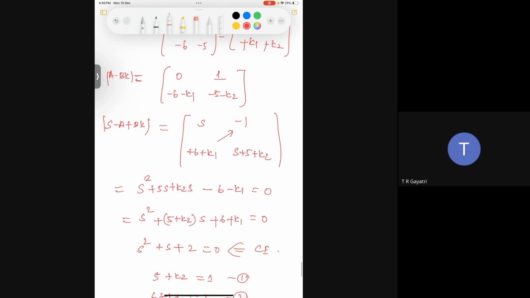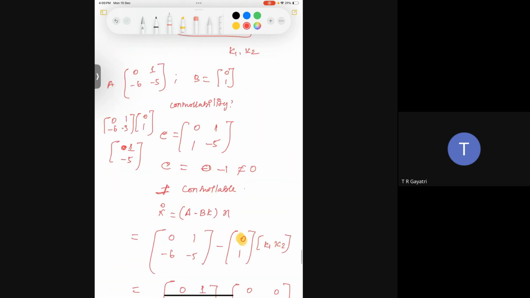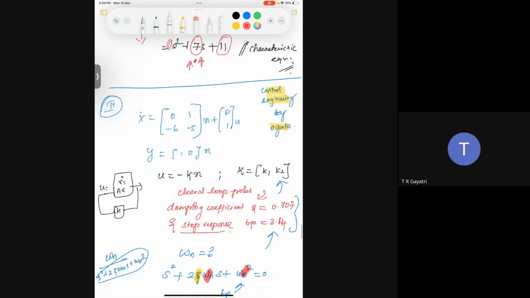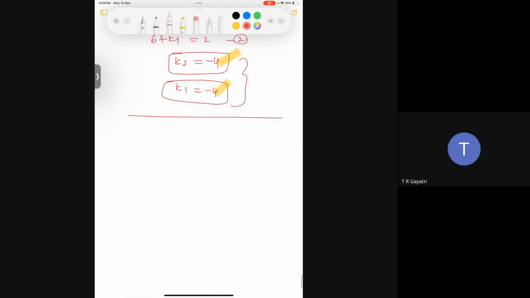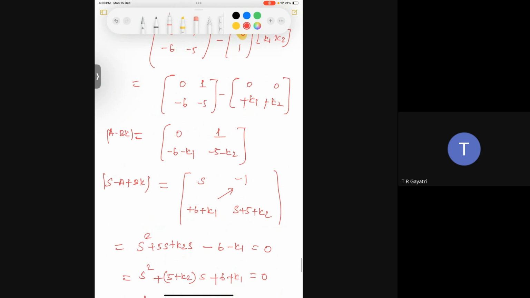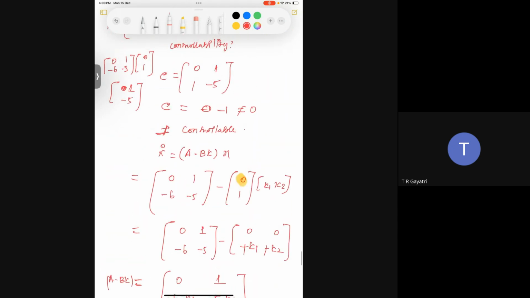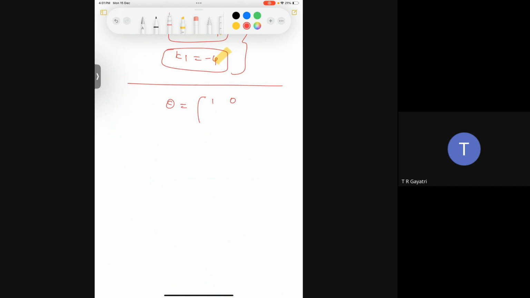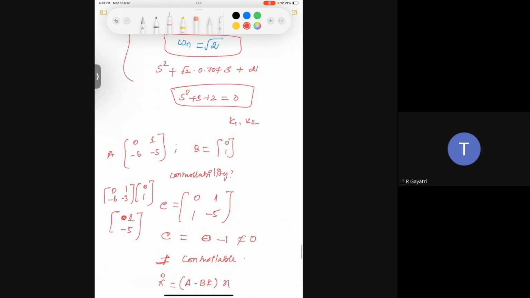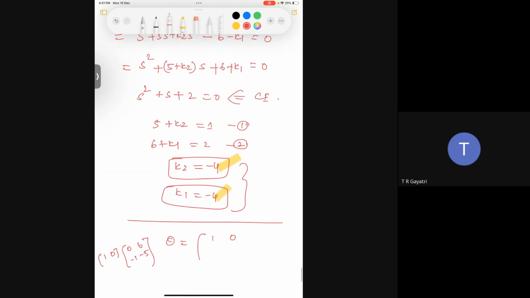This is a different question than we used to solve. Can we check whether the system is observable? For observability, my C is 1, 0. Your A matrix is 0, 1, minus 6, minus 5. CA is 1, 0 times A, which gives 0, 1.